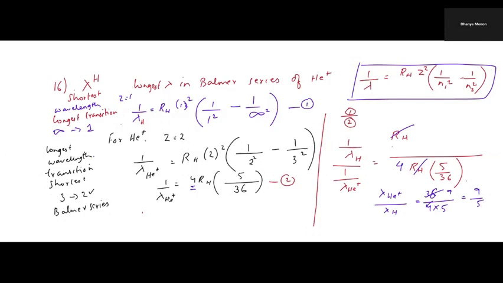So lambda helium ion is equal to 9 by 5 lambda hydrogen. This is how you solve it, so this is your second option.